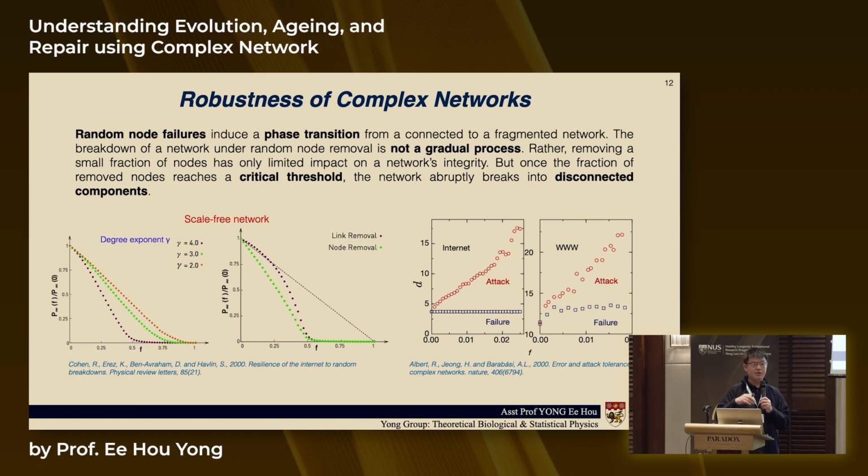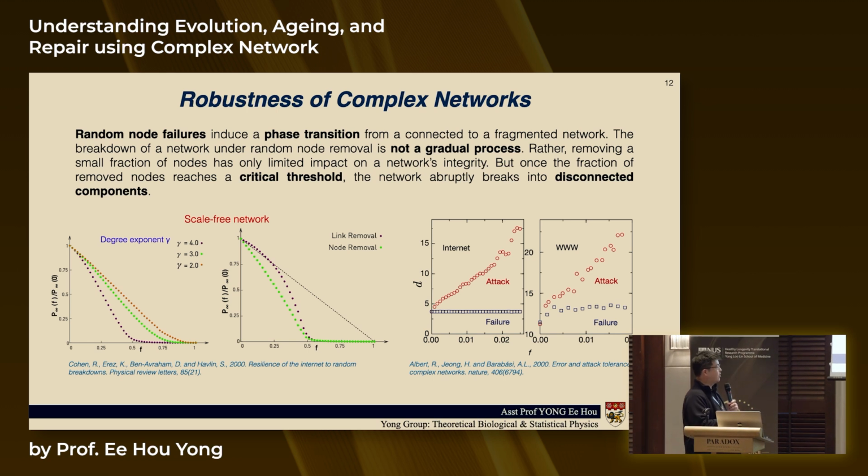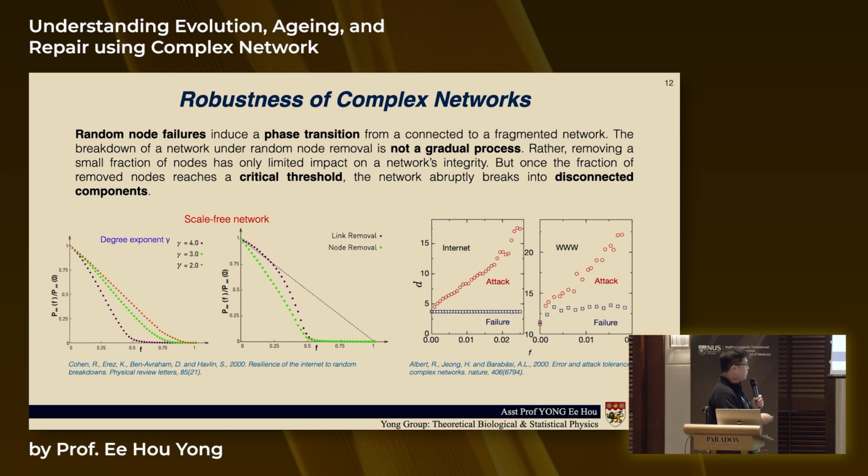So the nodes could be something unimportant, whereas attacks in the context of complex networks specifically refers to removing hubs. Okay, so there's a very different behavior. If you're attacking hubs, the diameter of the network increases very quickly. Whereas if you are just removing nodes, the effect is very small if the fraction of nodes being removed is small.